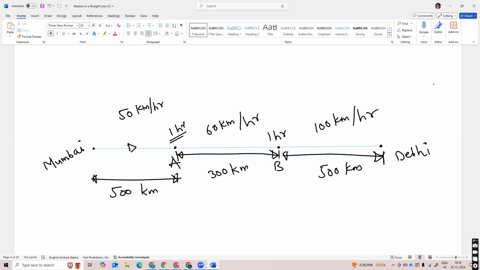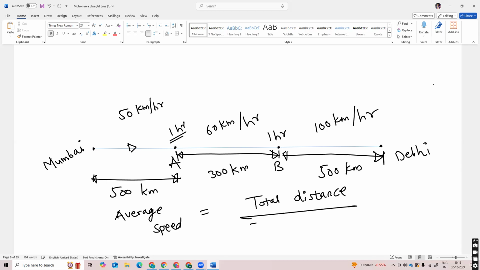So if we have to find the average speed of the train for reaching from Mumbai to Delhi, average speed can be given as total distance upon total time.